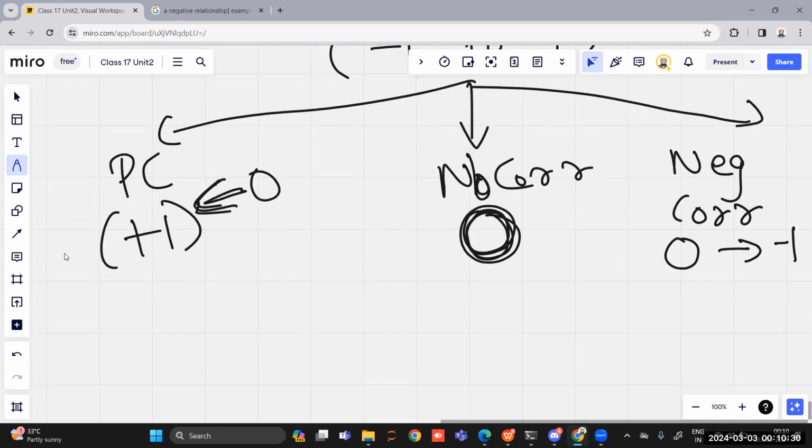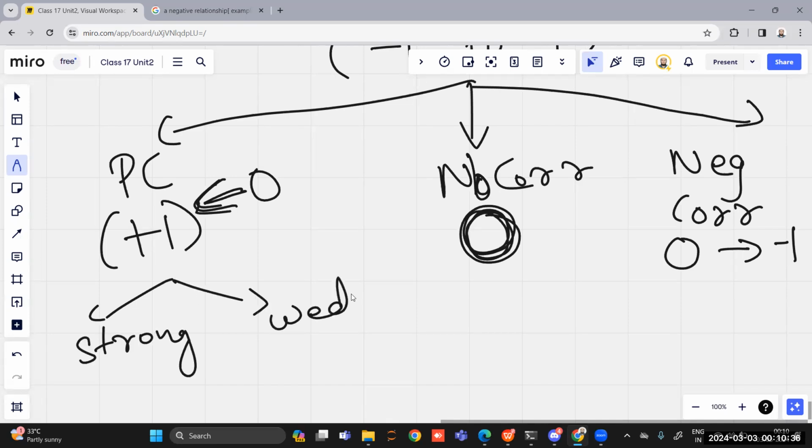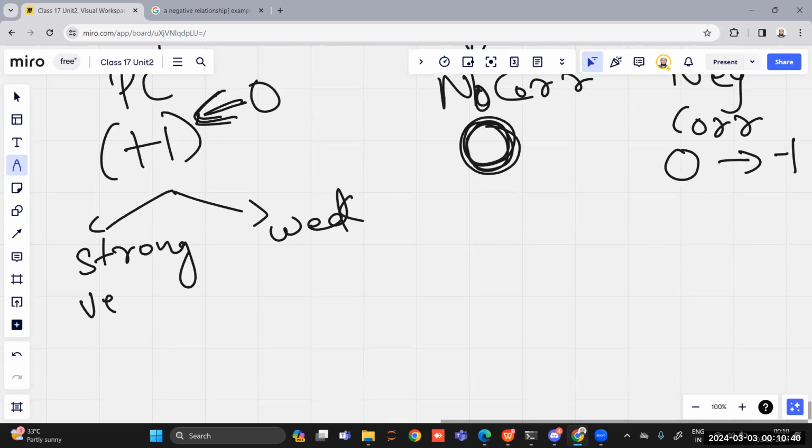Because there are two types of positive correlation, one is strong and one is weak. When it is strong, it will be very close to +1.